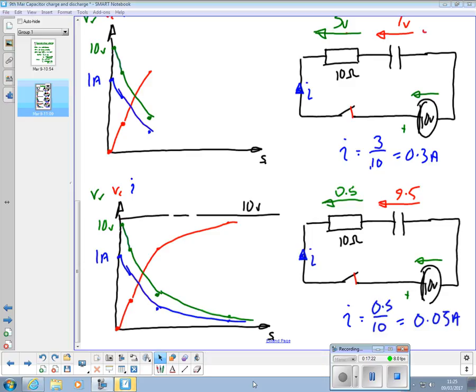Okay, but as you'll come to find out, it never actually gets there, because the current never really reaches 0, but it becomes so small that you can't measure it. The distance the capacitor voltage is away from 10 volts becomes so small that it's hardly measurable, and the volt drop across the resistor becomes so small that it's hardly measurable.